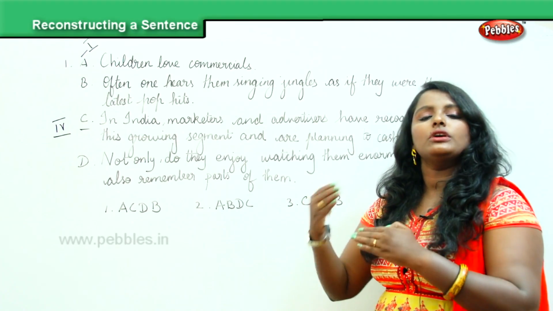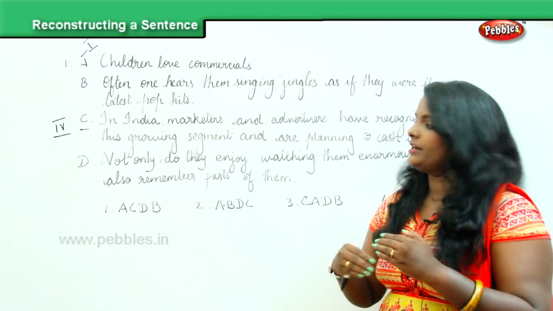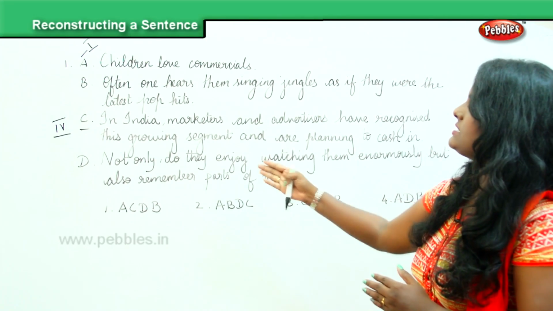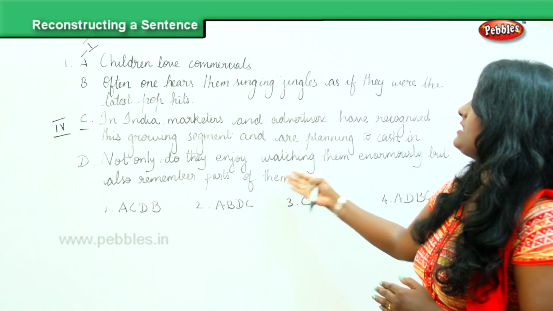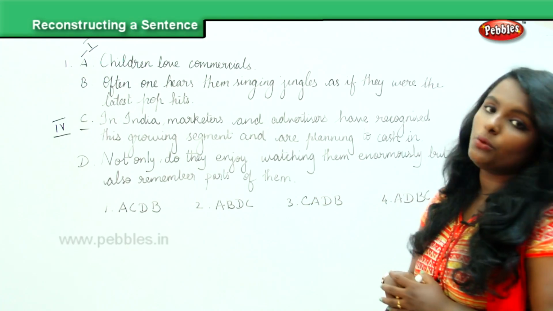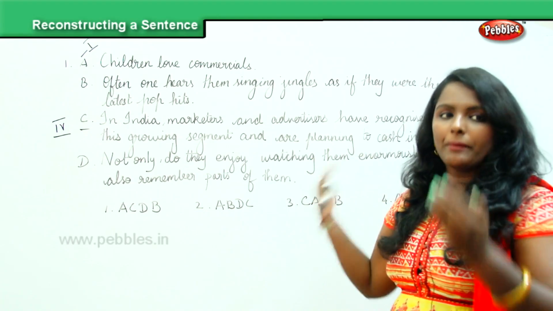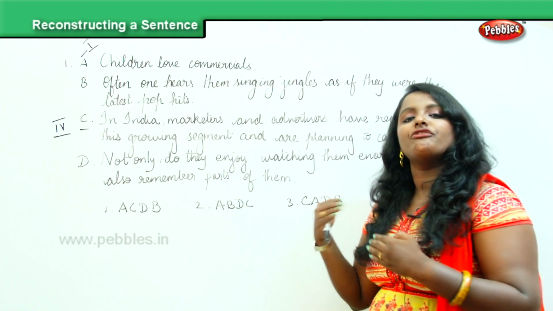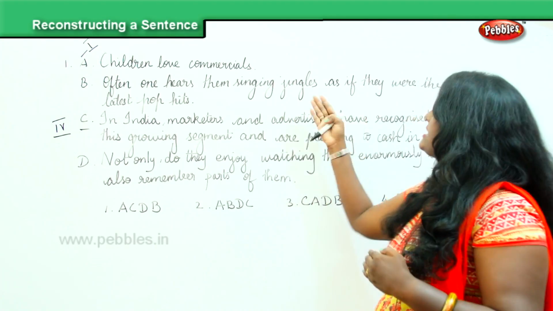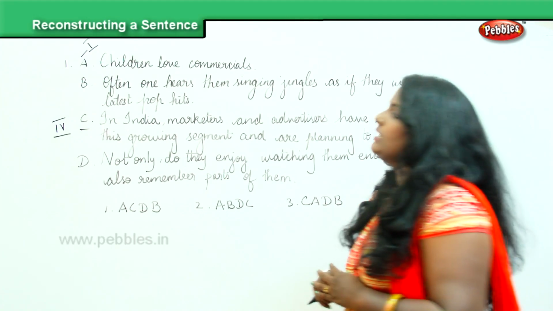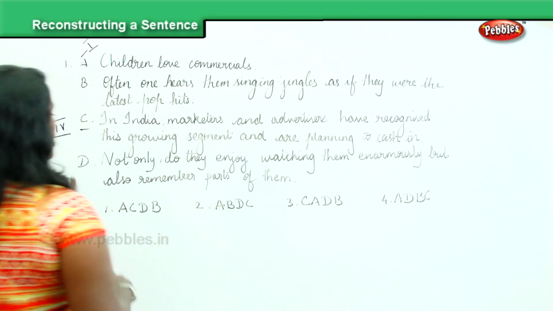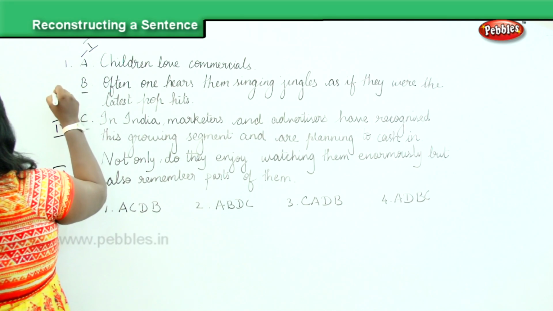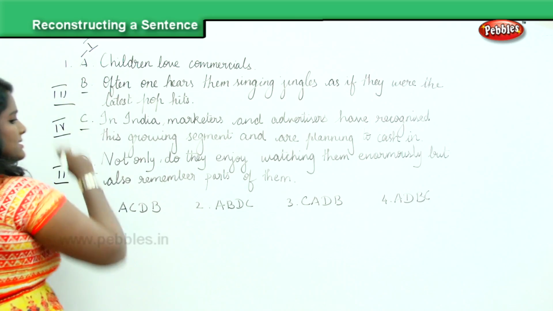If you arrange them in chronological order, I think option D comes before option B, because here it is said that the children not only enjoy watching the shows, but they also remember them. And option B says that one can often hear the children sing the jingles as if they were latest pop hits. So option D would be the 2nd sentence and option B would be your 3rd sentence.